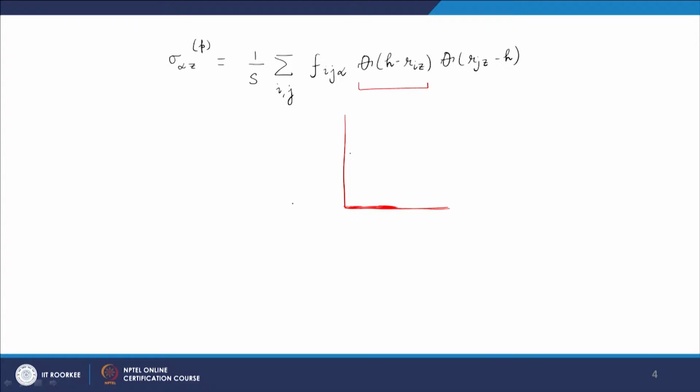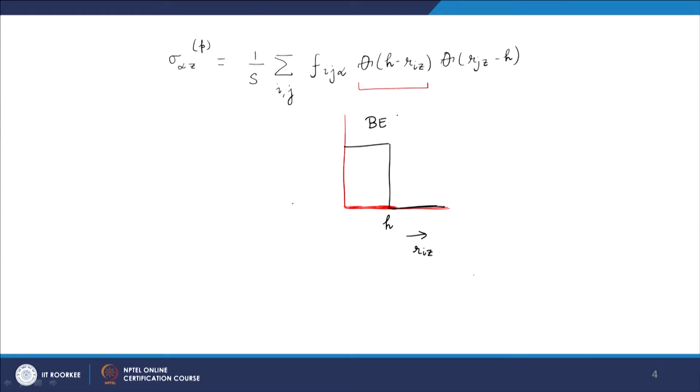The first step function is going to look like this. For Rij, that is the location of the ith particle, the z component of that, if it is less than h, then the theta function will give you 1.